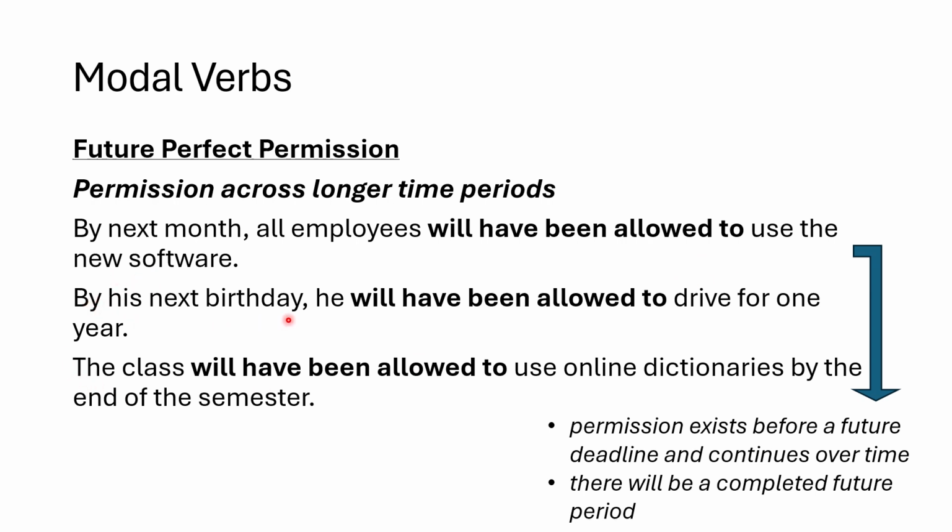By his next birthday, he will have been allowed to drive for 1 year. The class will have been allowed to use online dictionaries by the end of the semester. In these sentences, permission exists before a future deadline and continues over time. There will be a completed future period.